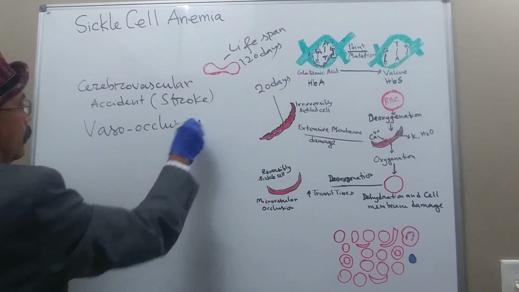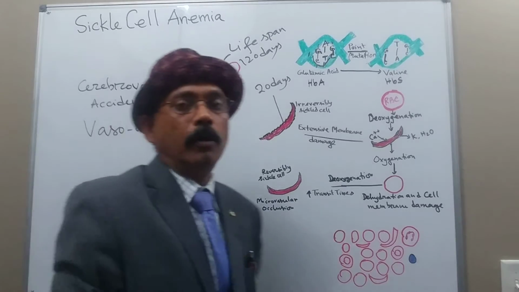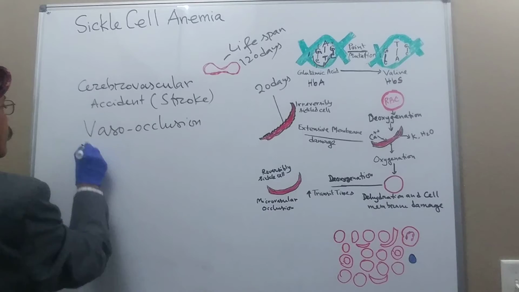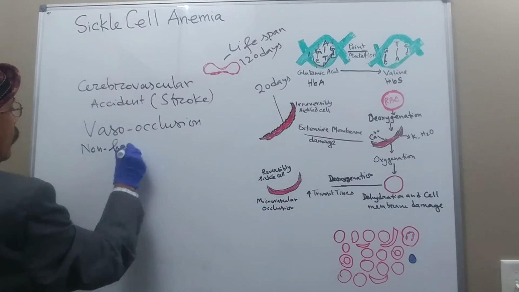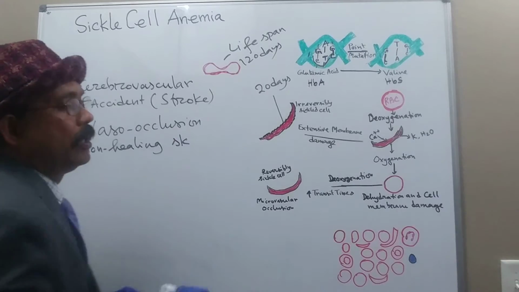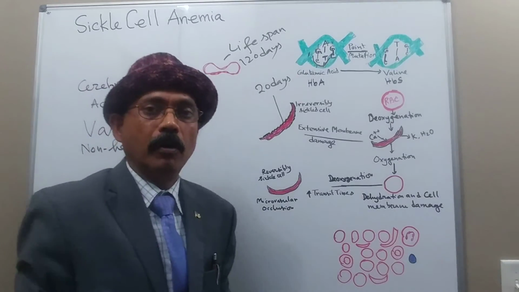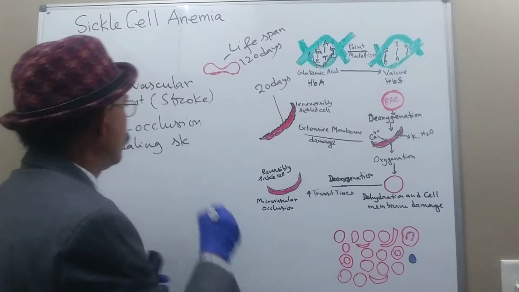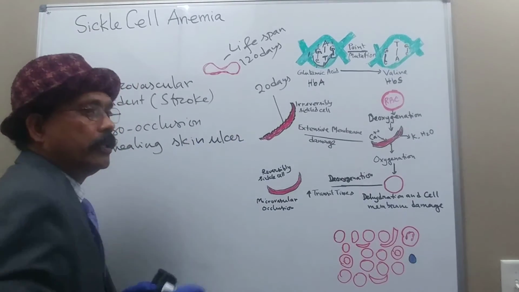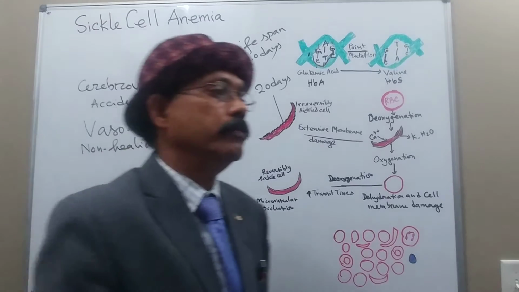Vaso-occlusion also causes non-healing skin ulcers, especially around the lateral or medial malleolus. That is a possibility.